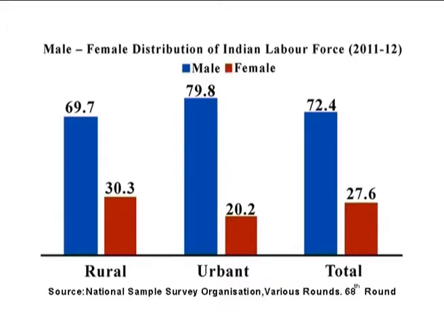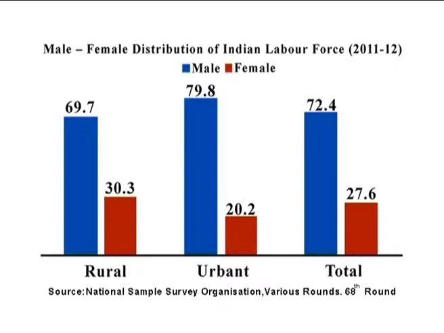This figure also indicates that more of the females in rural areas participate in the labour market as compared to their urban counterparts. Further, looking at figure 2, we can observe the gender composition of the Indian labour force. The figure highlights that out of the total labour force, 72% are males and 28% are females.